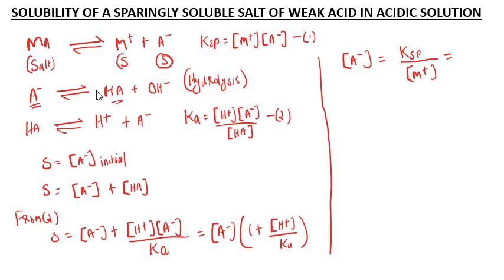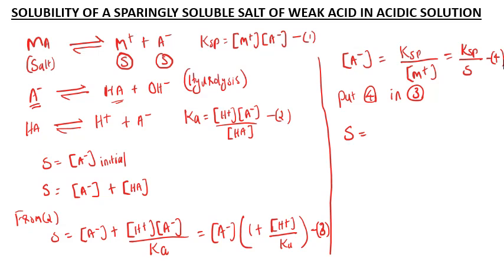So we can write it as Ksp divided by S. Equation number 2 is already done, so I will call this equation number 3, and this equation number 4. If we substitute 4 in 3, we can write the solubility S equal to the concentration of A-.